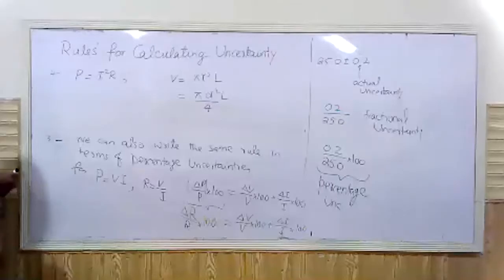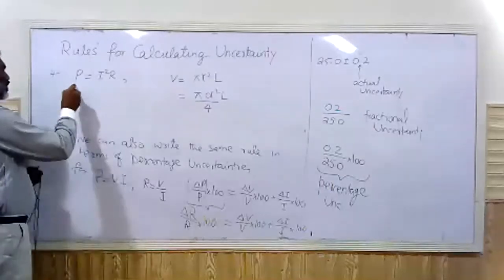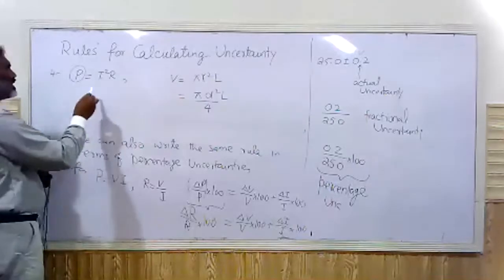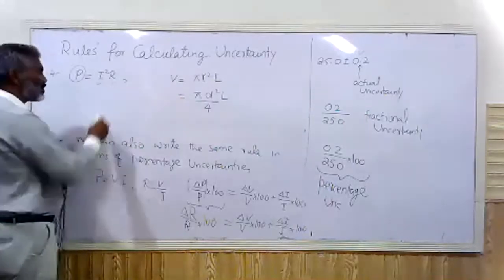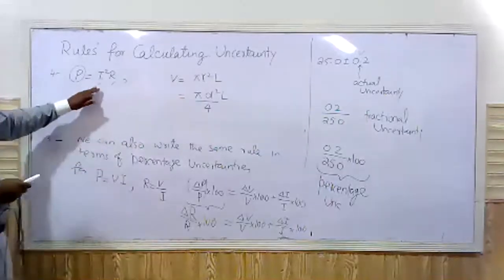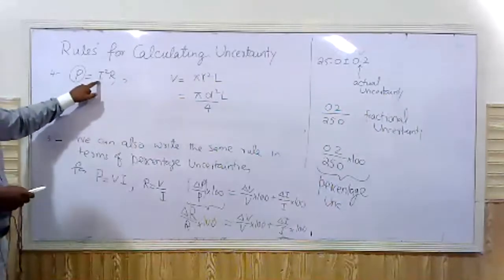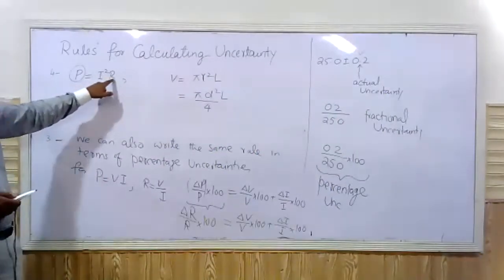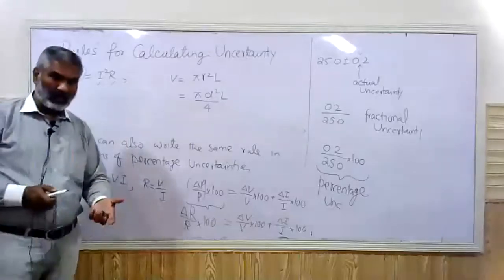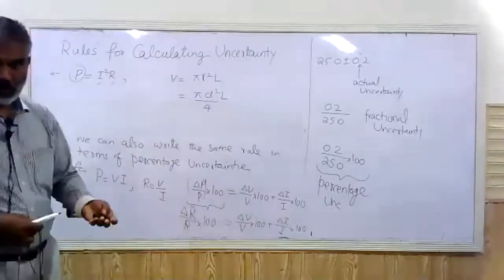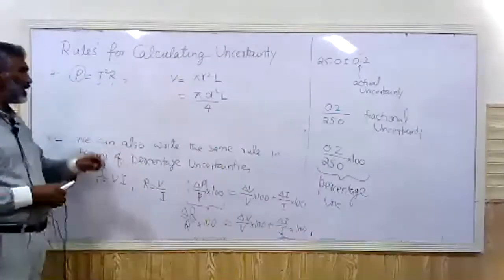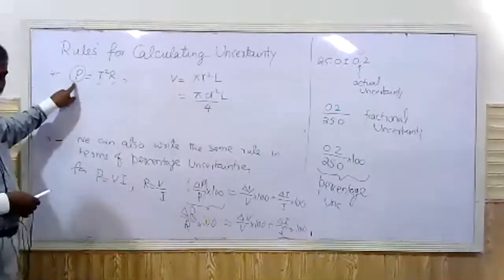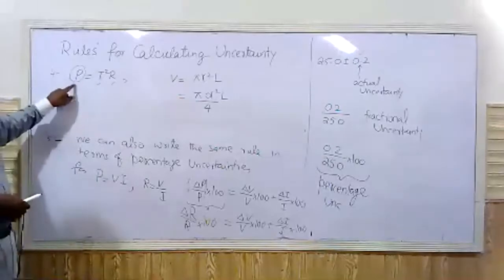Sometimes a quantity which we want to calculate depends on two other quantities which we have measured. In this situation, we have measured current first. I know the value of current, I know the uncertainty in it. Similarly, I know resistance. It is given in the question. And we have also been given the uncertainty in it. So how do I calculate the value of power dissipated now and the uncertainty in its value?